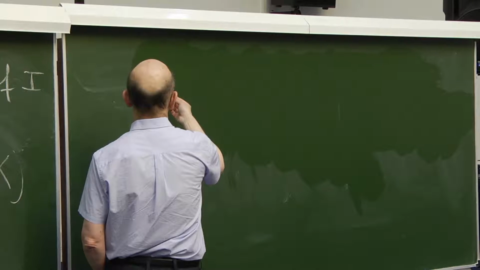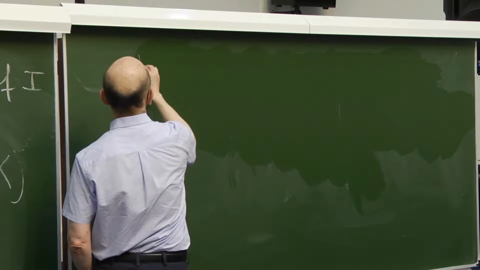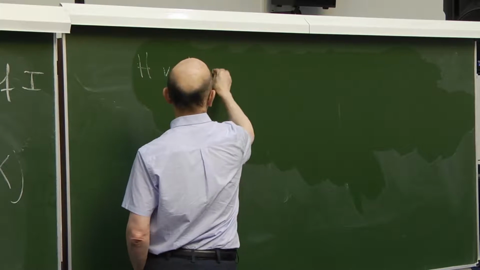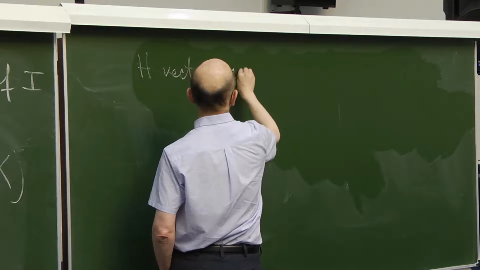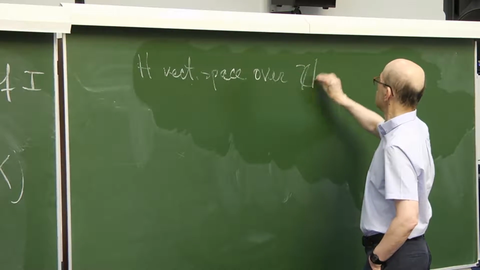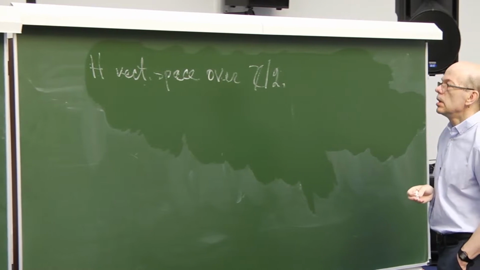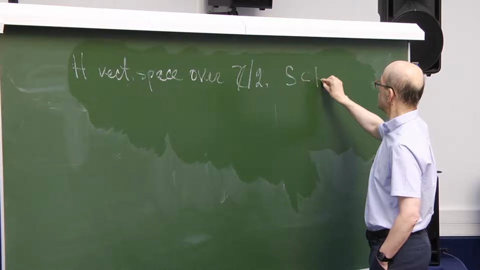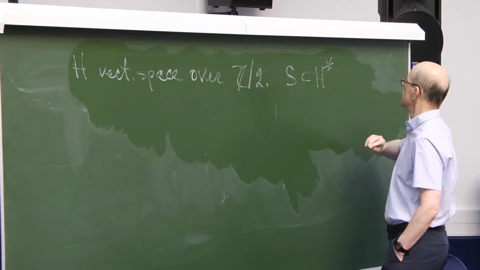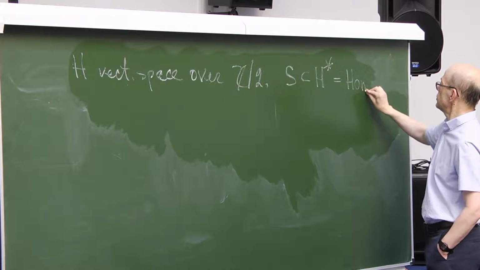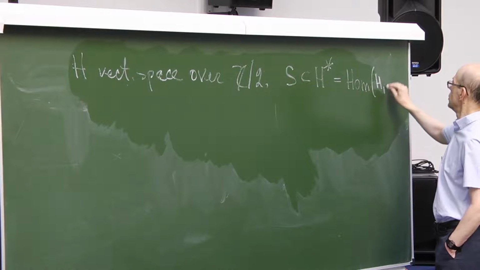Let's start from any vector space H, a vector space over Z2. And let's take any subset S of the dual vector space. S is just a subset of the dual vector space, which consists of all homomorphisms from H to Z2.